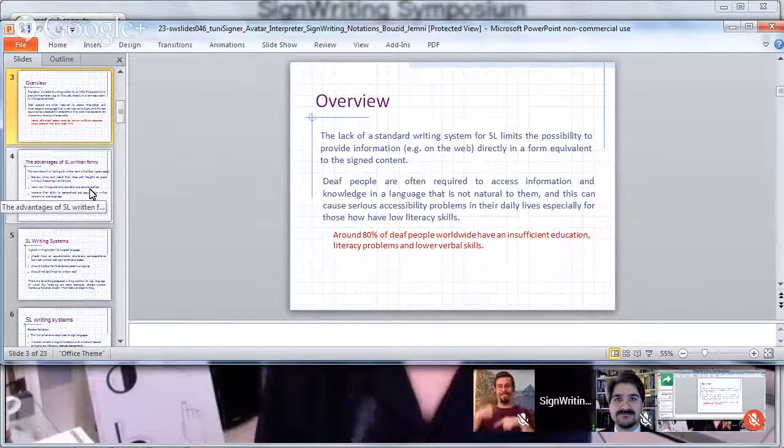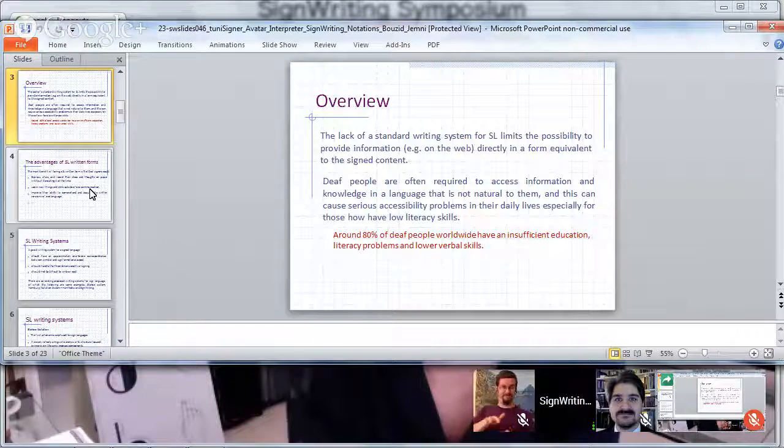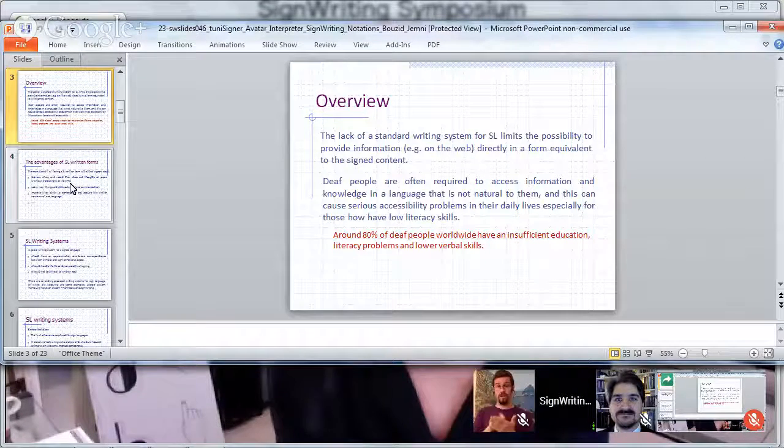Deaf people are often required to access information and knowledge in a language that is not natural to them, and this can cause serious accessibility problems in their daily lives, especially for those that have low literacy skills. Around 80% of deaf people worldwide have an insufficient education, literacy problems, and lower verbal skills. Next slide.